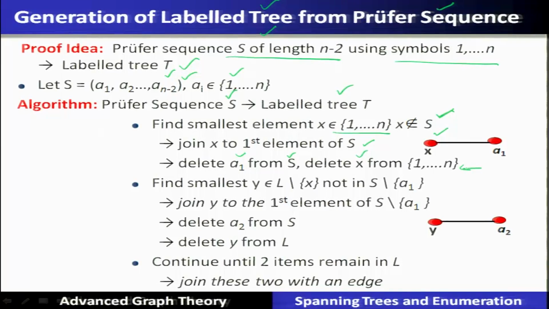So, we will run two different sets. One set, let us call it L, the other set is the Prüfer code, that is a1, a2 and so on up to a n minus 2.